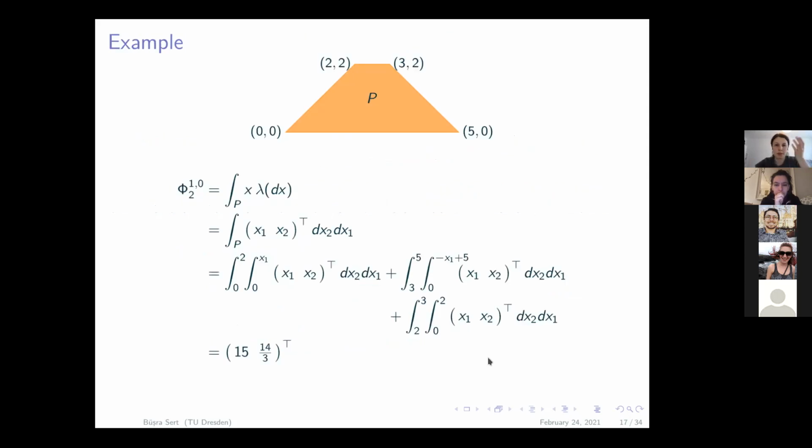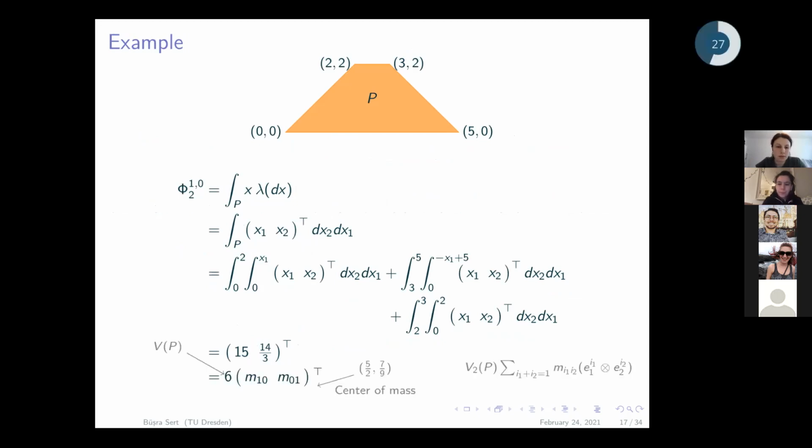For example, for this polytope here, we compute the volume tensor. It's here, and then we can write it as the volume of P times this expression, and here M10 and M01 are actually moments.